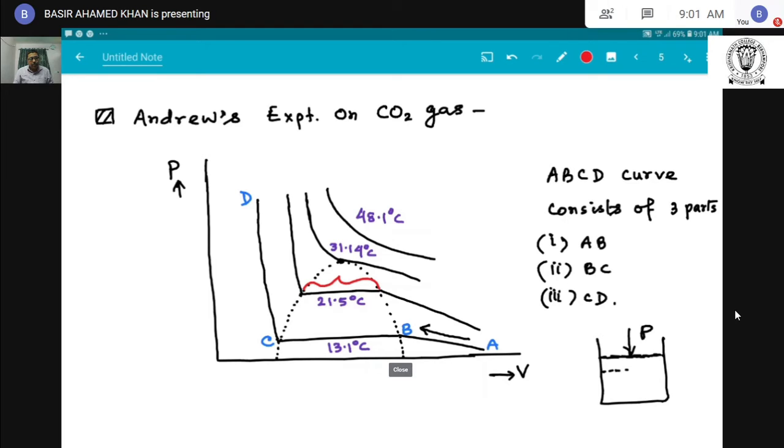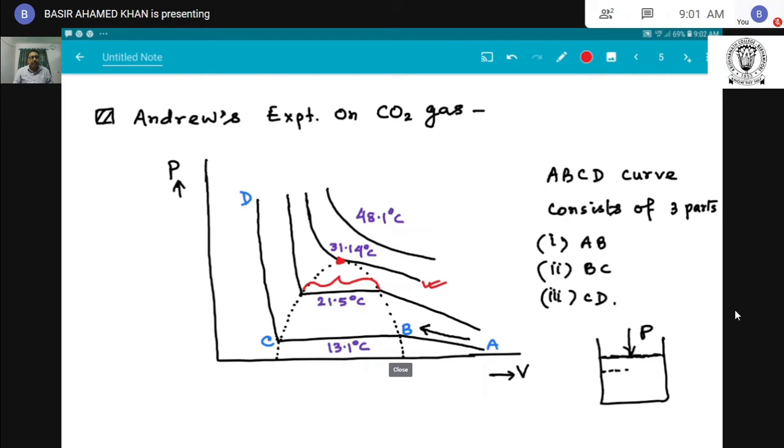Next, if I see this isothermal, the horizontal portion just disappears at the temperature 31.14 degrees centigrade. That means the specific volume of the vapor just before condensation is equal to that of the liquid after condensation.